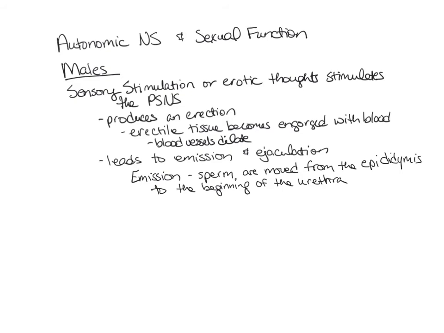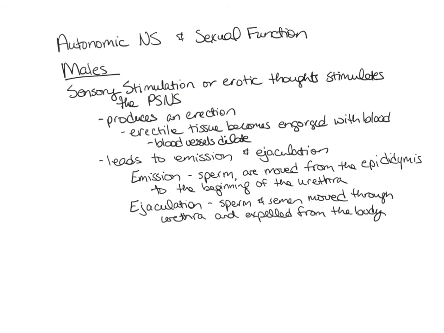In the second stage of ejaculation, which is called ejaculation proper, the semen is then moved through the urethra and is expelled from the body. While the parasympathetic nervous system is stimulated for sexual arousal to occur, the sympathetic nervous system will be stimulated in order for ejaculation to occur.